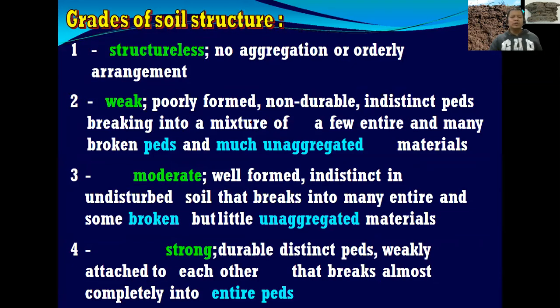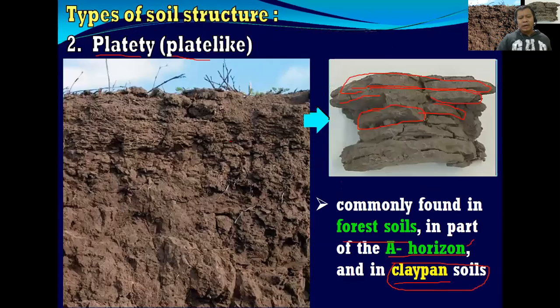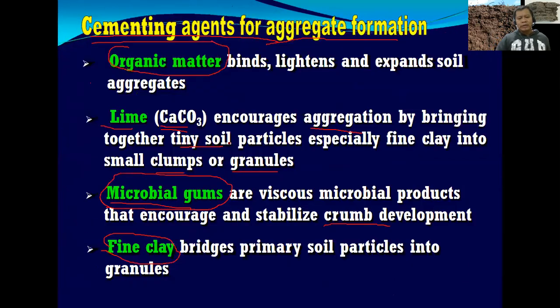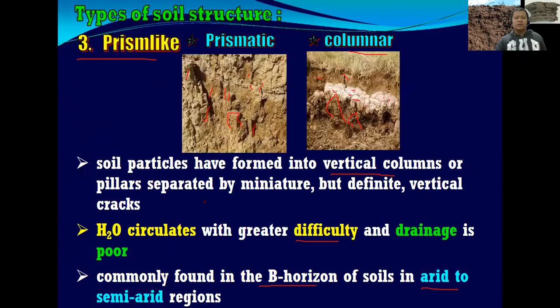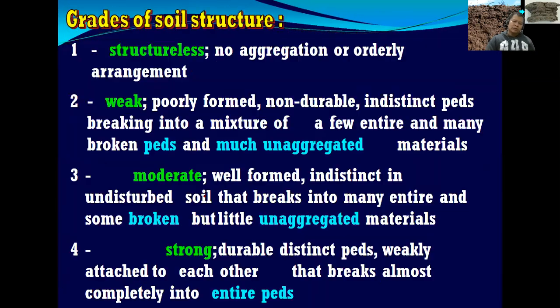So the grade of soil structure is based on, let's go back. When we say the grade of soil structure, we're talking about how strong the structure is. When we talk about grades of soil structure, how strong is the soil structure when subjected to forces. Okay, example, grades of soil structure, we have structureless.